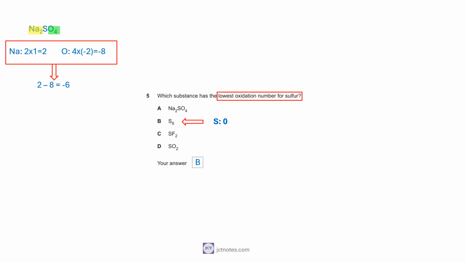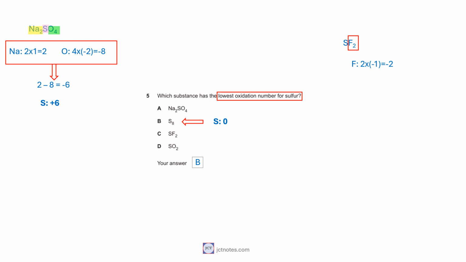Sodium and oxygen have a total contribution of 2 - 8 equals -6. As the compound is neutral, the -6 charge is compensated by 1 atom of sulfur, and its oxidation state is +6.